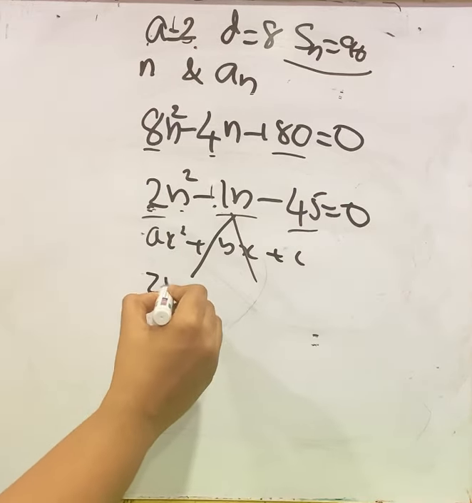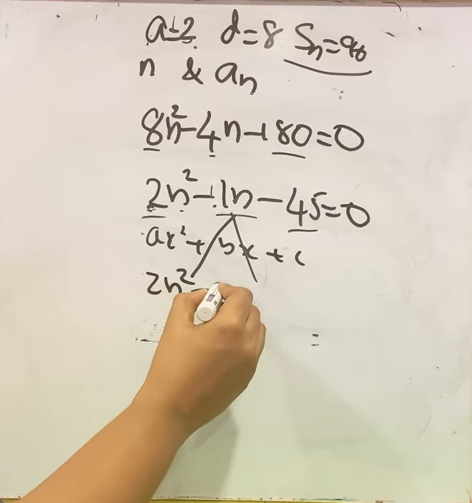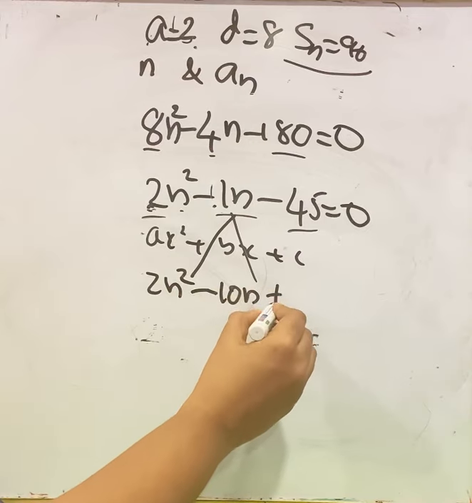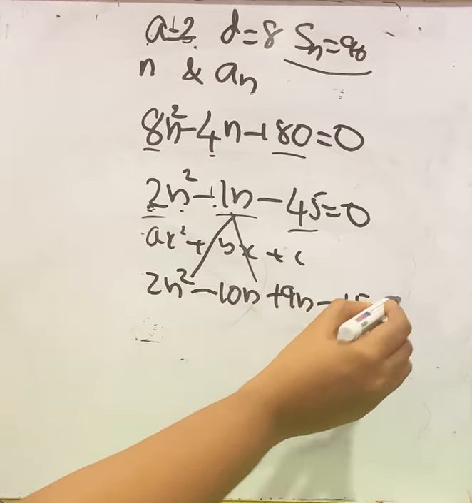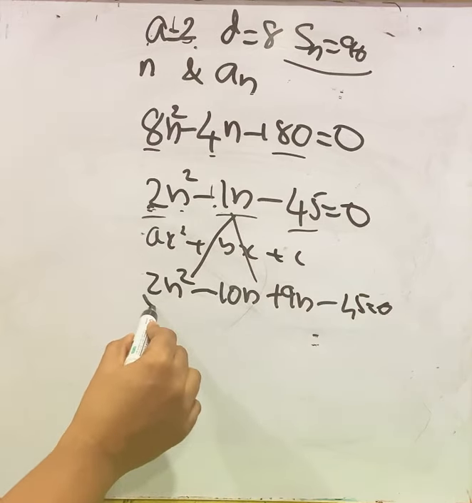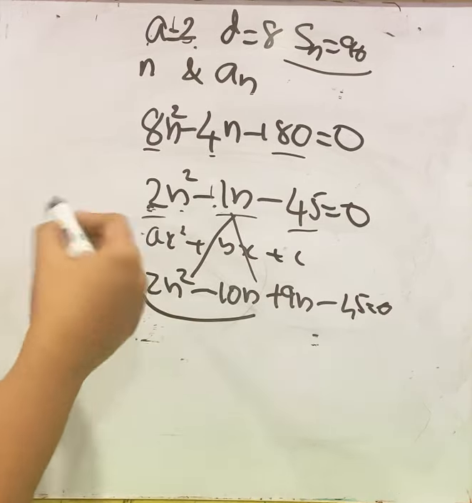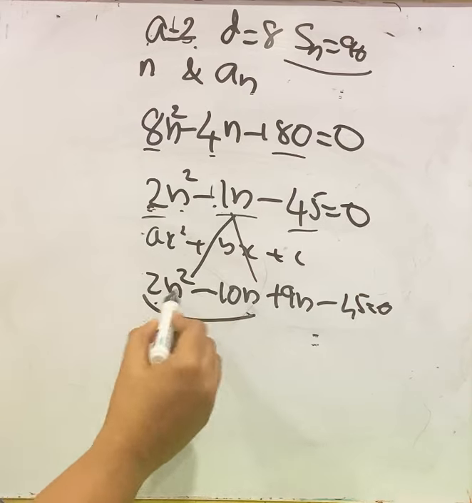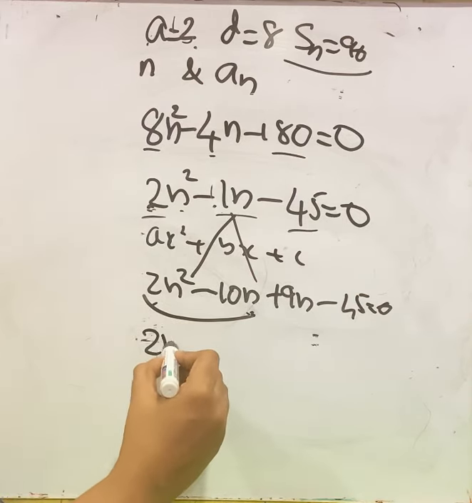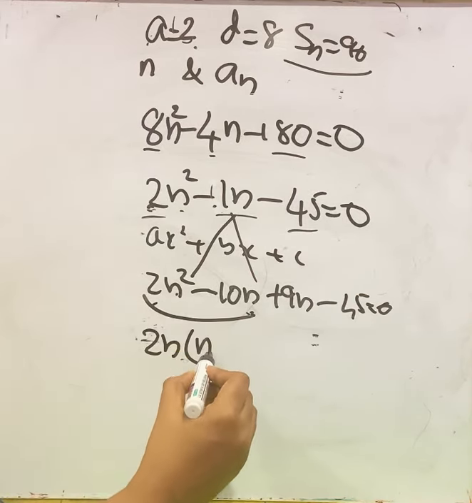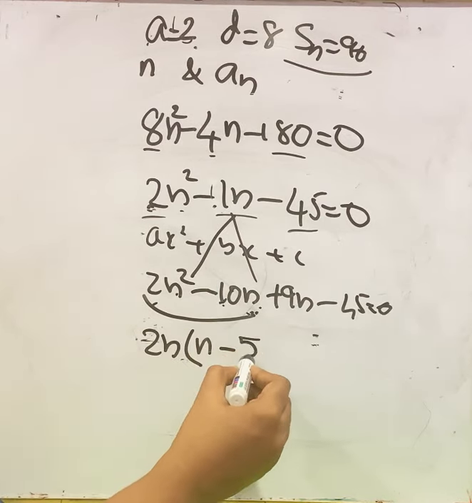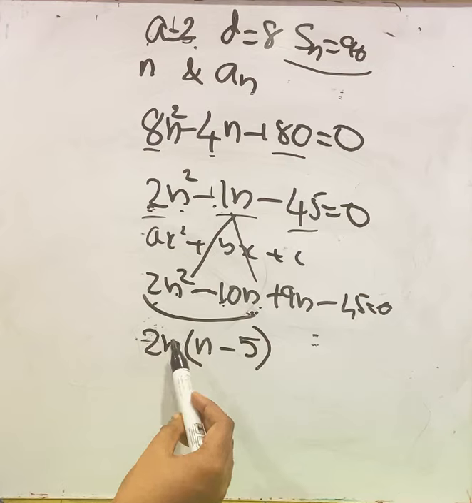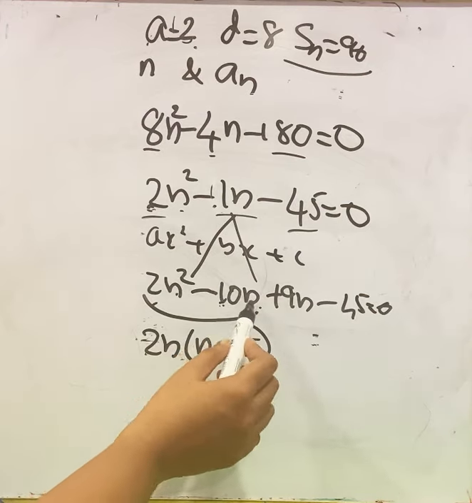This becomes 2n square negative 10n plus 9n minus 45 equal to 0. Now next step, in these two terms take the common factor outside. Here in these two terms we have 2n common. Balance will be 1n here. Minus, in 10n 2n is taken, so 5 will be inside the bracket. That is 2n into 5, 10n.